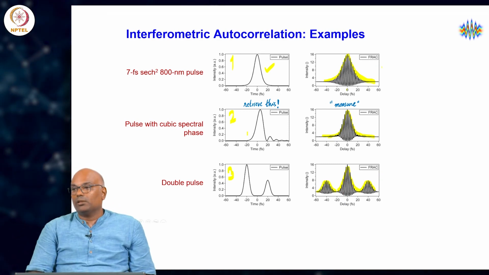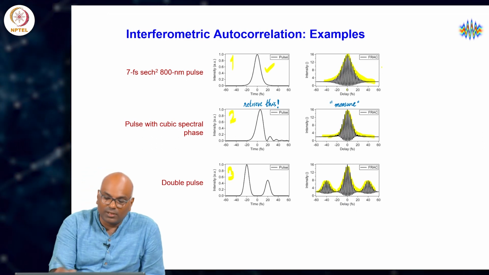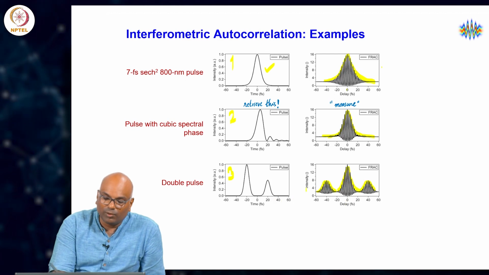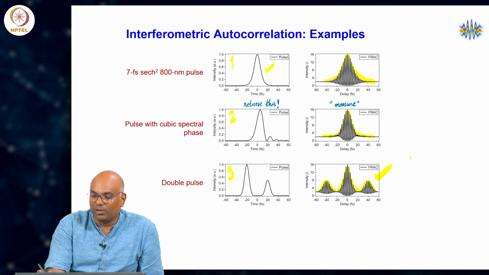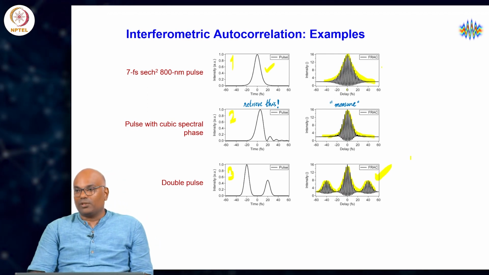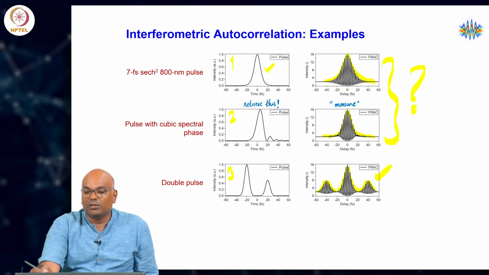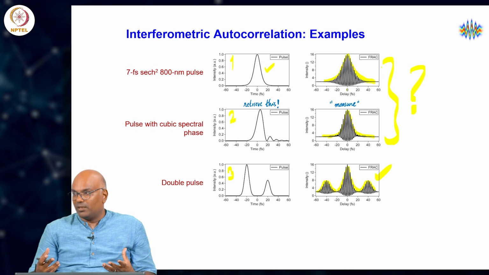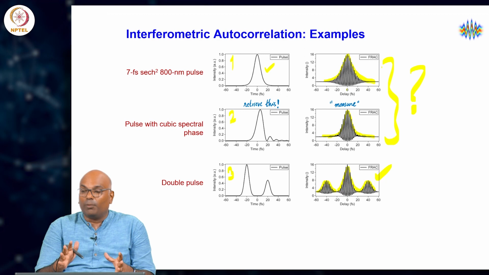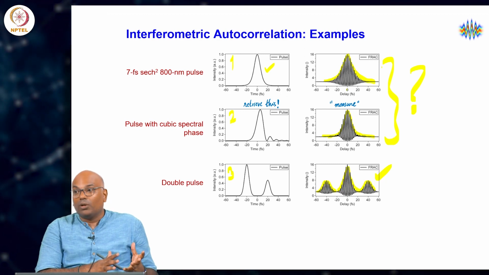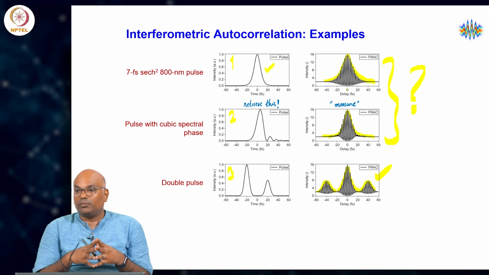We could have simulated things and done a convolution of this in your mind's eye and figured out this autocorrelation trace yourself. But between these two, it is not easy, which is exactly the implication of what we stated earlier, that this 1D retrieval problem does not have a unique solution as we want.